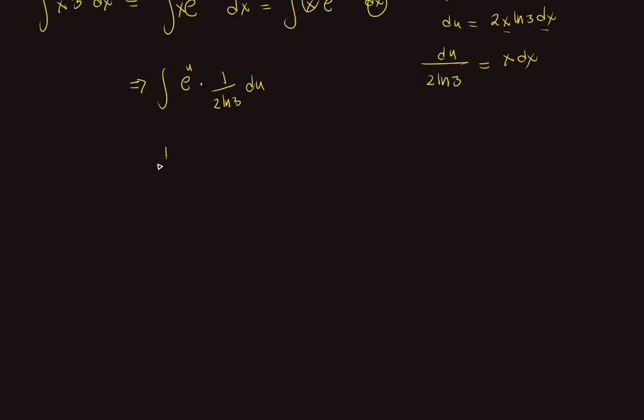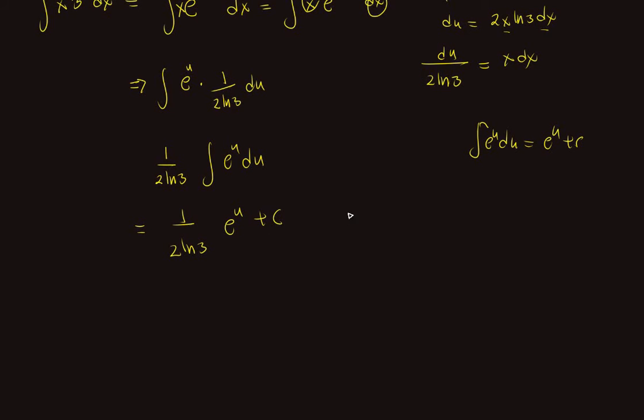We will have 1 over 2 natural log of 3 times the integral of e to the u du. And what's the integral of e to the u du? Well, it's e to the u plus c. A simple integral. So this is going to be 1 over 2 natural log of 3 times e to the u plus c.